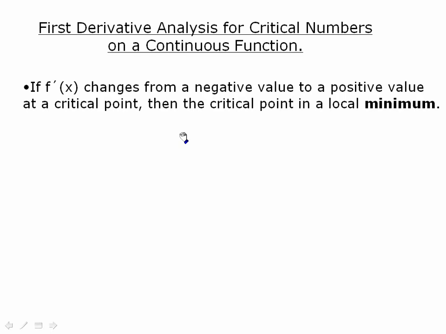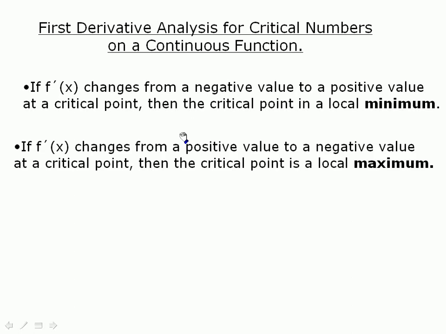First point is if the derivative changes from a negative value to a positive value at a critical point or a critical number, then the critical point or number is a local minimum. So I addressed that earlier, and it does make sense because the sign of the derivative is telling you the direction of the slope of the tangent line.